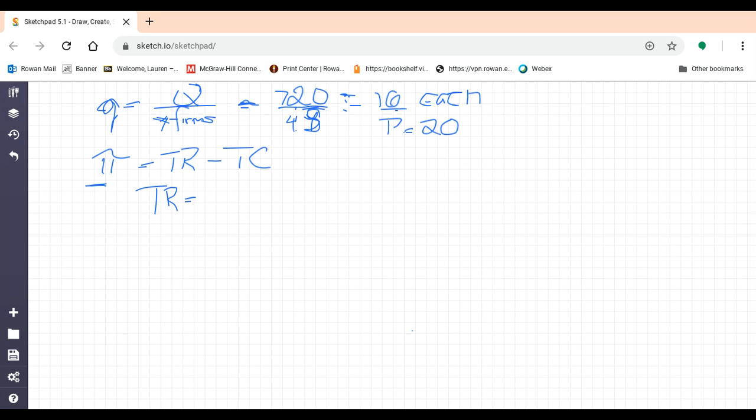Total revenue is a bit easier to calculate. This is just price times quantity, little q. So 20 times 16, and that's 354. Ooh, that was bad.